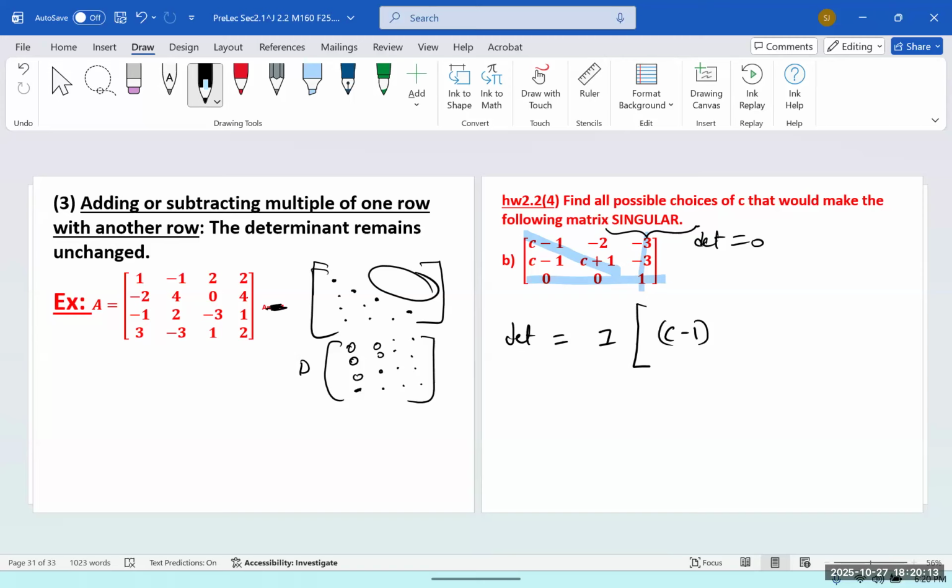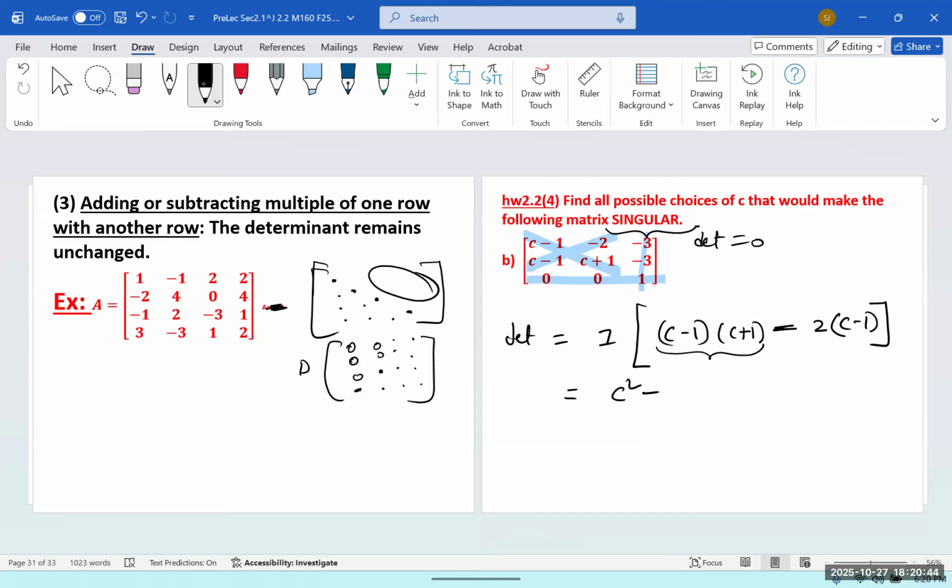The right diagonal. So you multiply C minus negative 1 by C plus 1, C minus 1, C plus 1. And then you multiply negative 2 by C minus 1. And then that becomes C squared plus 2C minus 3.